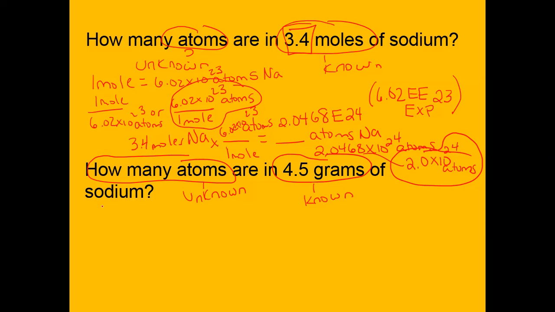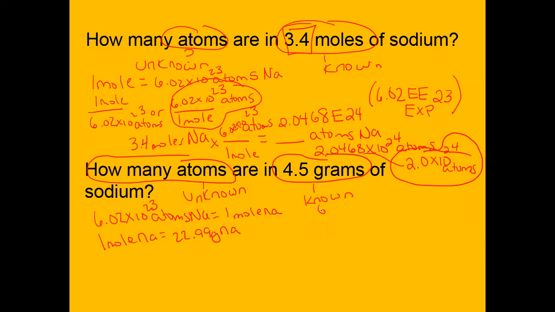So let's talk about relationships. Now we already discussed, just like in the previous one, that 6.02 times 10 to the 23rd atoms of sodium equal 1 mole. But now we also have another relationship because we're dealing with grams. We know that in 1 mole of sodium, there are 22.99 grams of sodium. So we've got our two relationships.